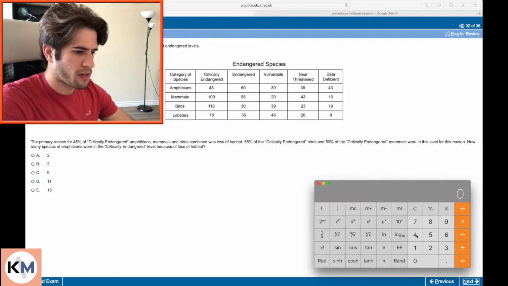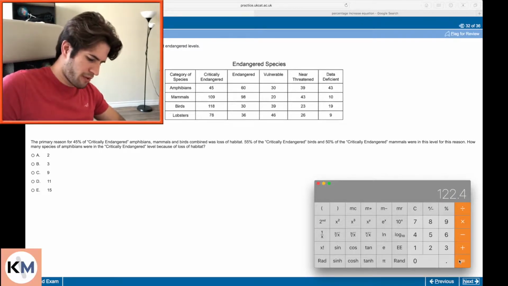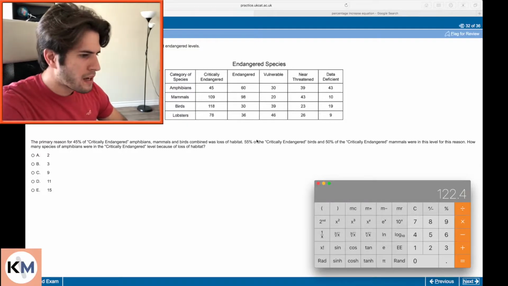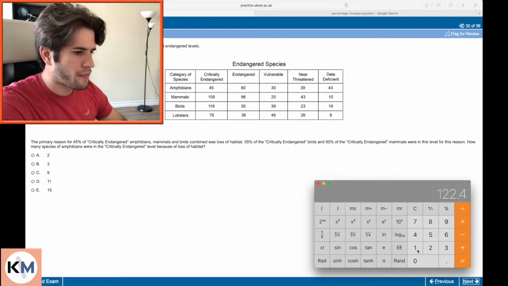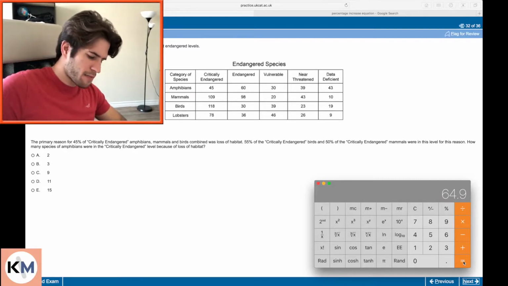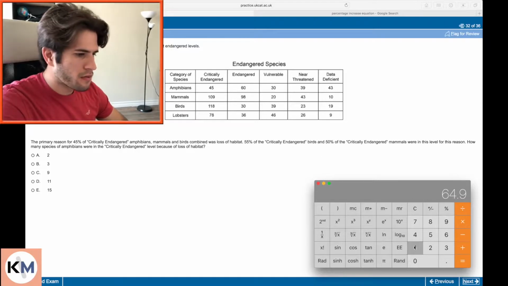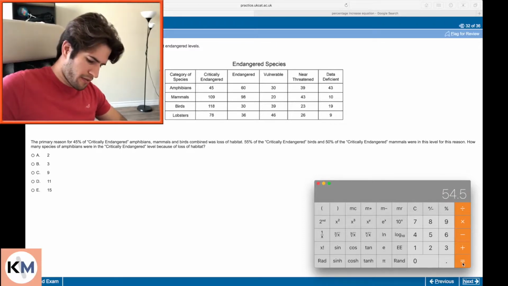45% of that, so times 0.45 is 122.4. Now 55% of critically endangered birds, which is 118, times 0.55 is 64.9, plus 50% of critically endangered mammals, so 109 times 0.5 is 54.5.